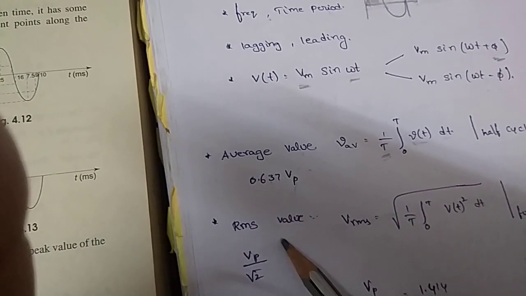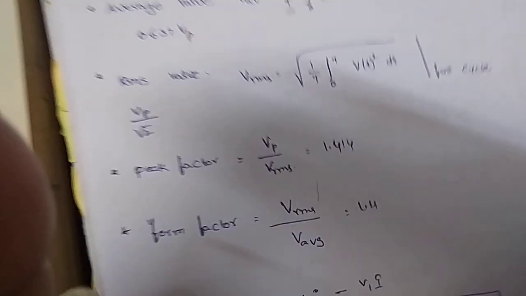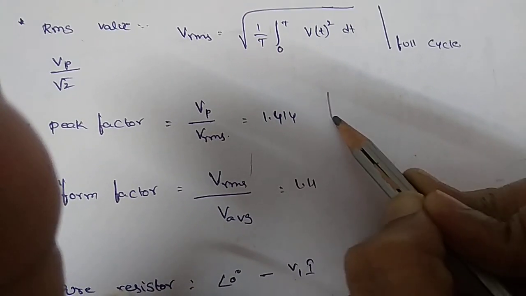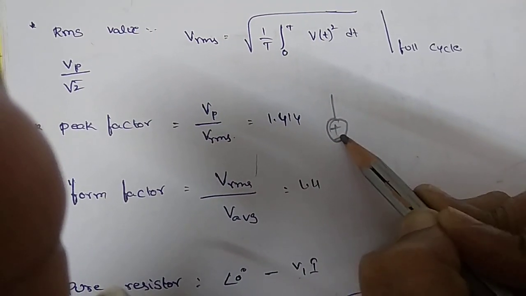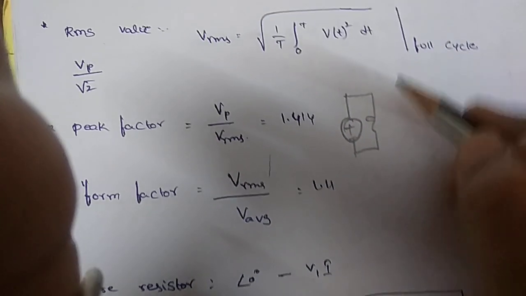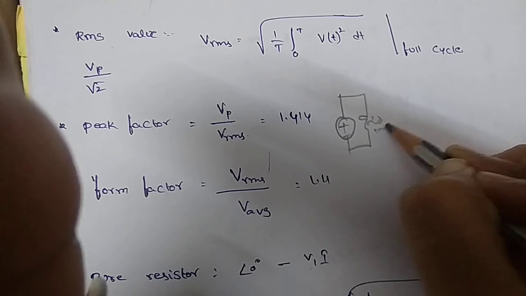Whereas coming to another parameter, the RMS value. Once again, I want to repeat here. If I am considering any DC source connected across a resistor, through this resistor some heat energy will be developed.